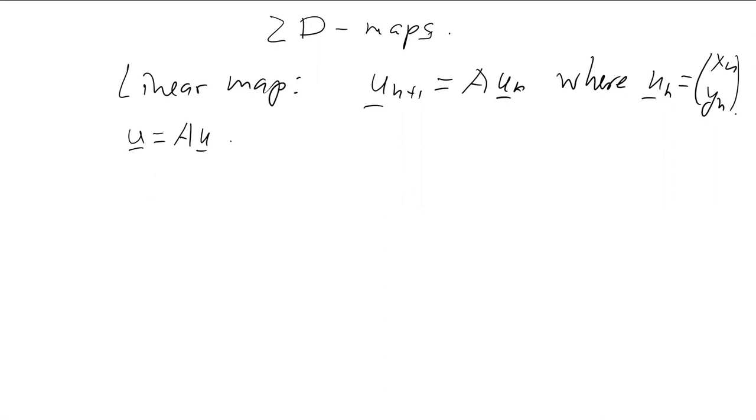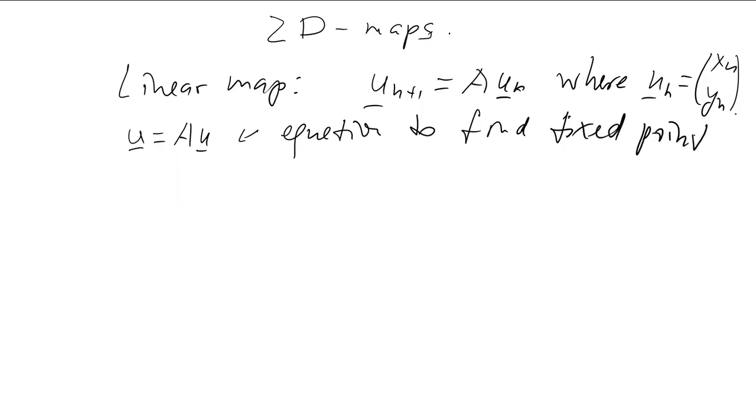So this is the equation to find the fixed point. As you can see, this is basically the equation for eigenvectors and eigenvalues. So we can rewrite it like this: A minus I times u equals the zero vector.